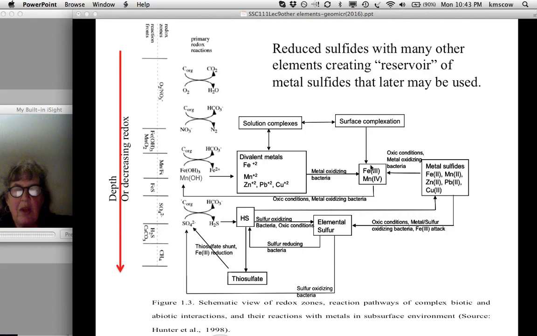And this is a rather complicated figure that is describing that, but essentially showing that when you have H2S, the reduced form of sulfur, the sulfides forming, then they're going to interact with any variety of metals that are present, iron, manganese, zinc, lead, copper, whatever is there, and precipitate out as sulfides and accumulate over time.